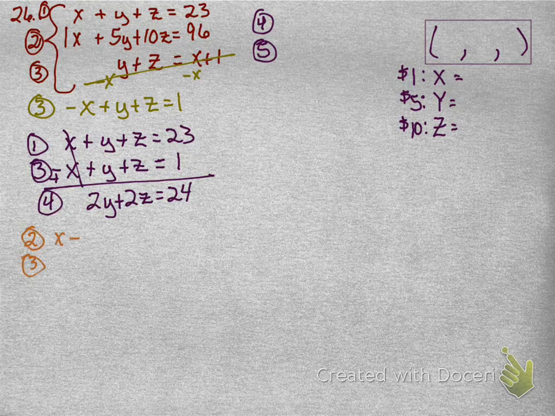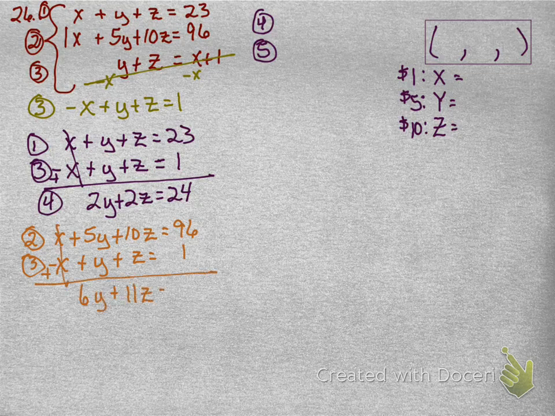Okay, then we're going to work with problems 2 and 3. Again, I'm going to get rid of my x's. So that gives me equation 5 is 6y plus 11z is 97. Get those written up there.